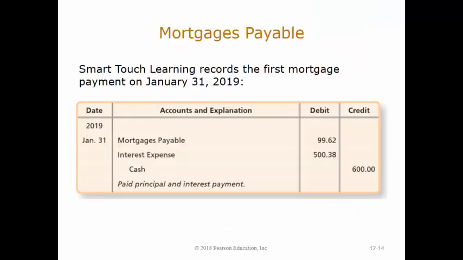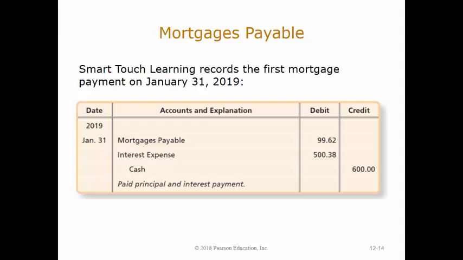We can confirm the interest calculations provided in the amortization table. The first payment on the interest is calculated as $100,075 times 6% times 1 divided by 12, or $500.38. The principal of $99.62 is the difference between the monthly payment of $600 and the interest expense of $500.38.